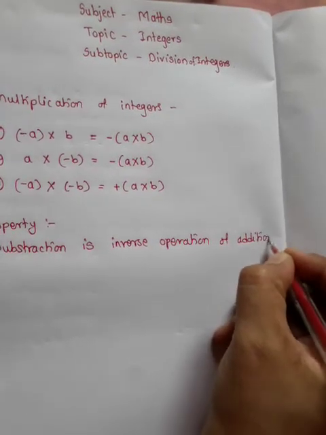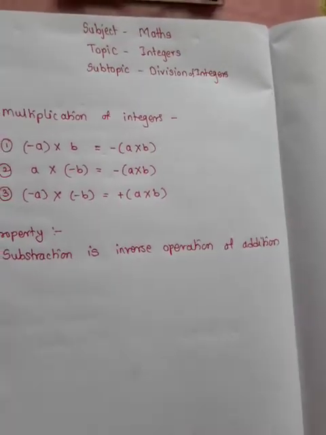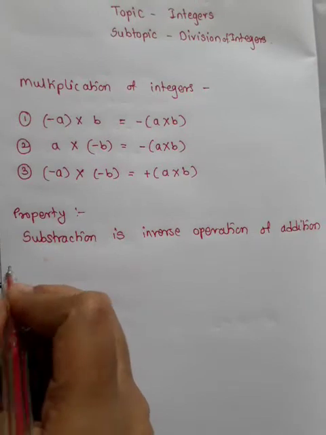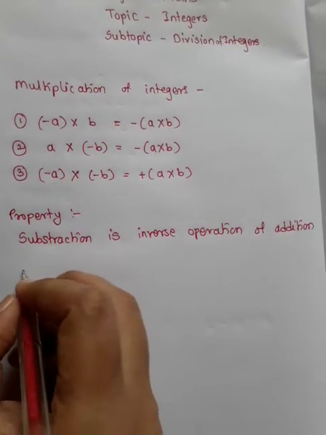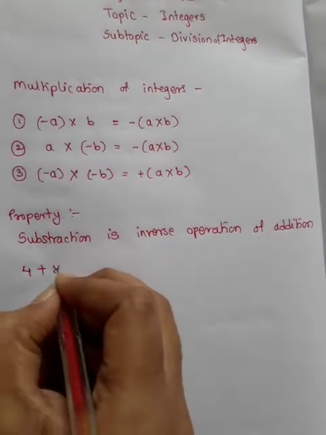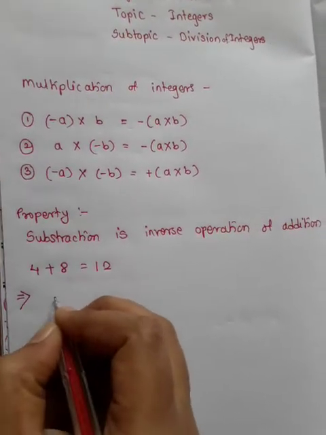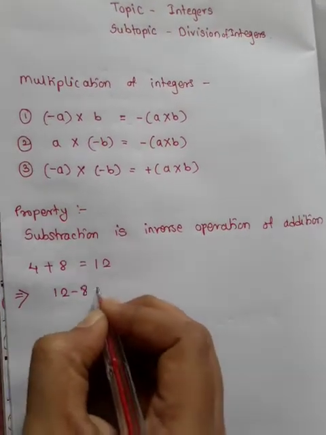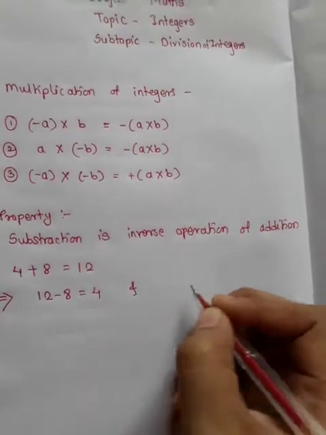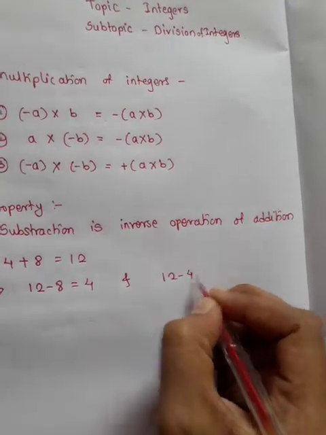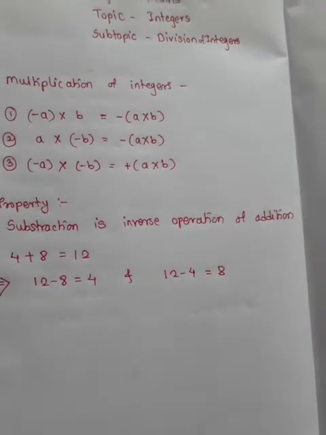This property says that suppose we have the addition 4 plus 8 is equal to 12, then we can write 12 minus 8 is equal to 4, and also we can write 12 minus 4 is equal to 8.